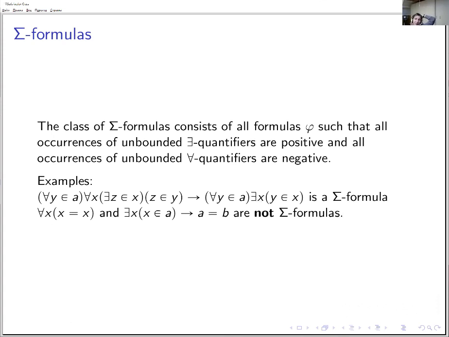So this is a less restrictive version of class sigma 1, but it captures the same thing. If we did the same in arithmetic, the sigma definable sets would be the same as the sigma 1 definable sets.